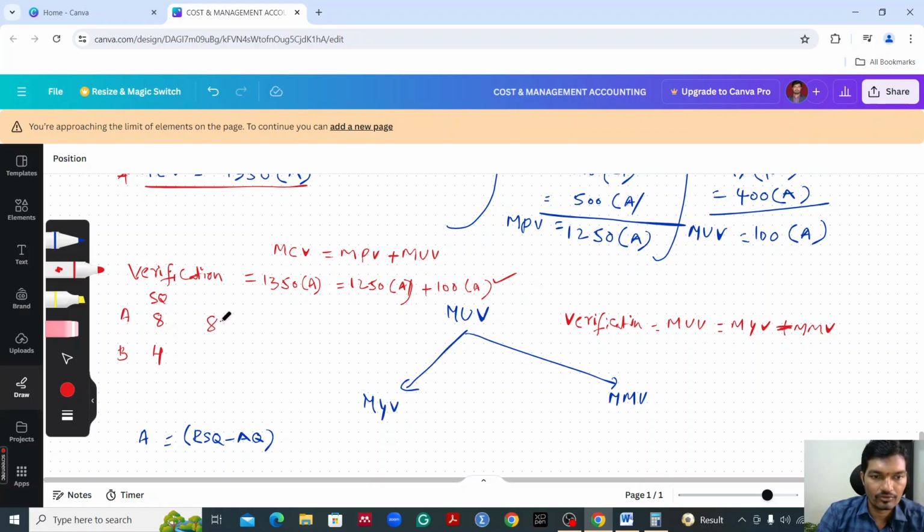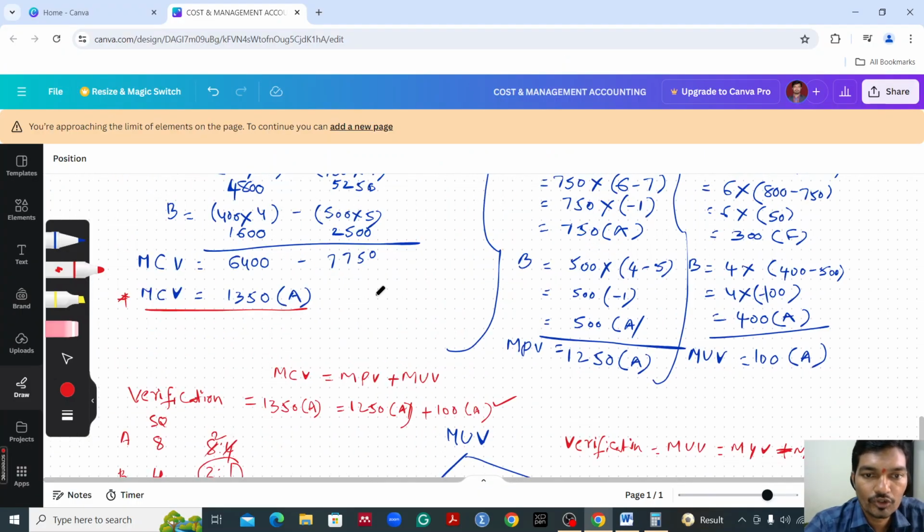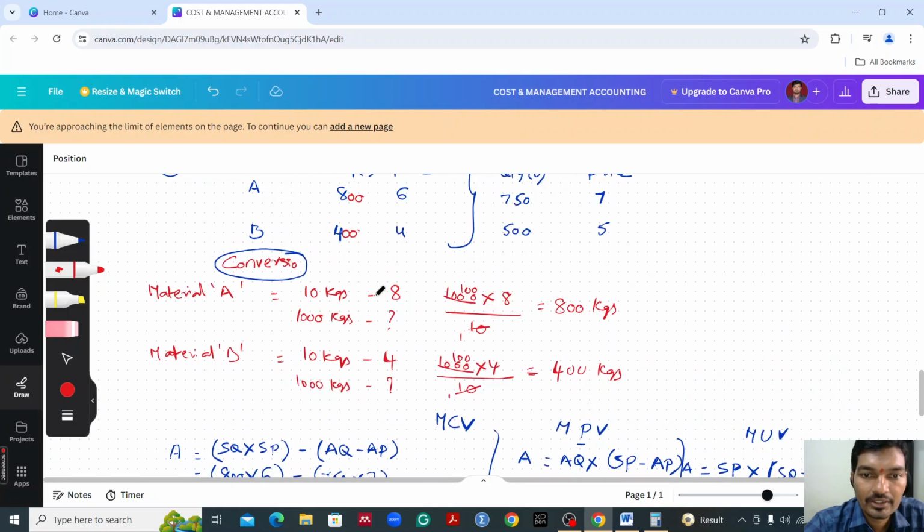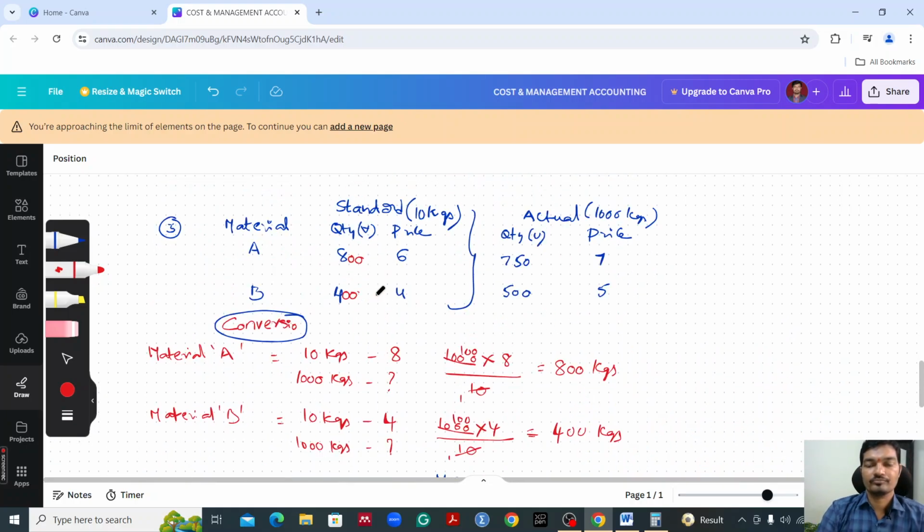So 8:4, simply 4 ones are, 4 twos are. So 2:1 is the ratio, where this 2:1 ratio we are required to apply on the actual sum.